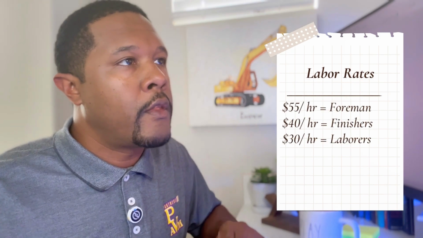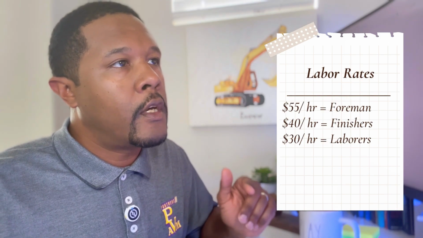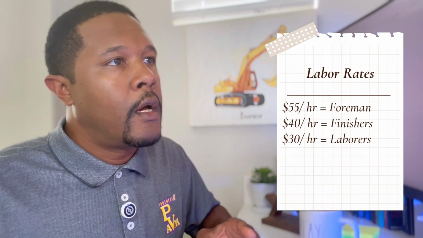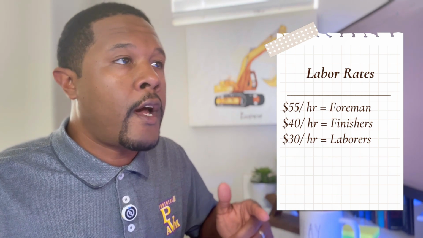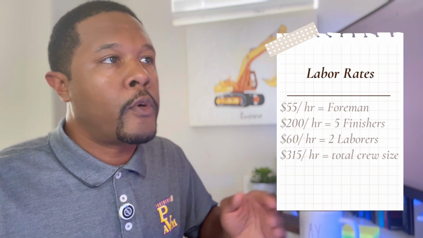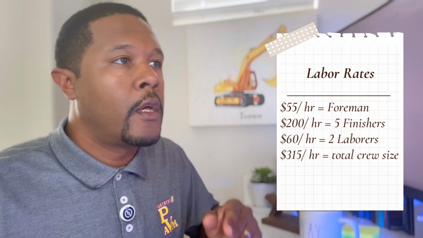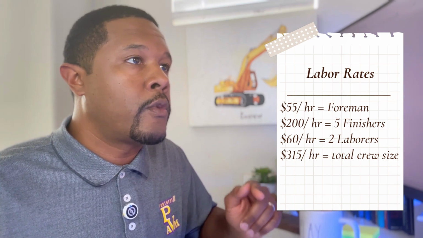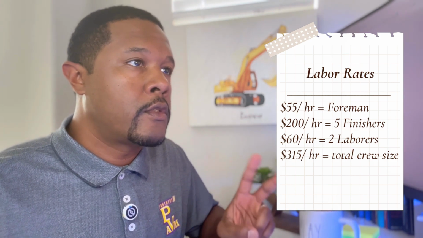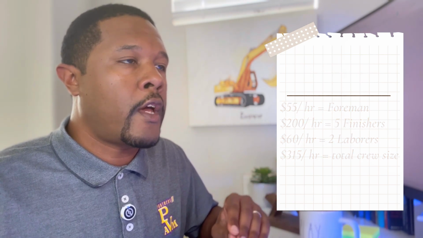But I've come up with $55 an hour for a foreman and $40 an hour times 5 for the finishers, totaling $200 per hour for all 5 finishers. Laborers, we're running at $30 an hour. There's 2, so we'll say $60 an hour. And that's a total crew cost of $315 per hour.